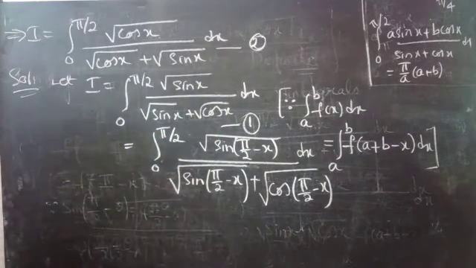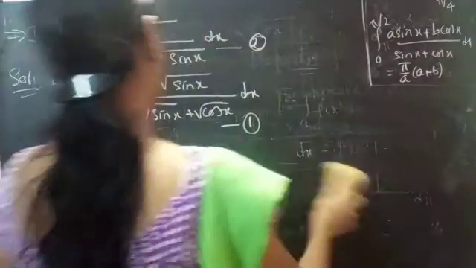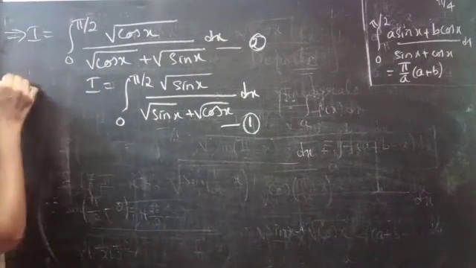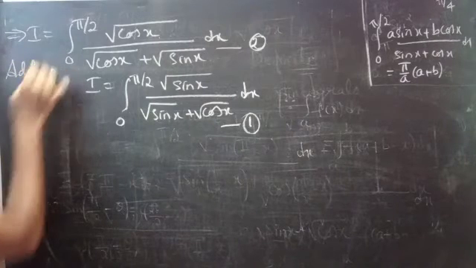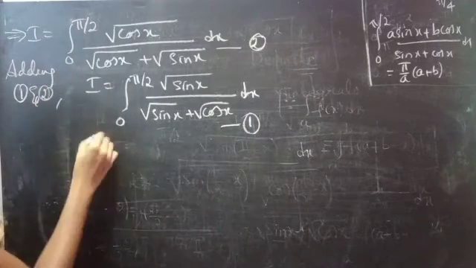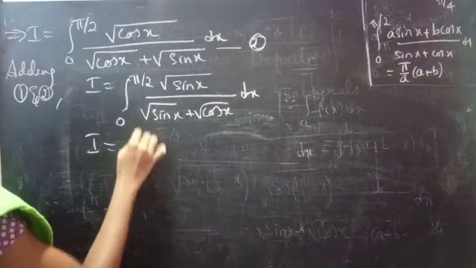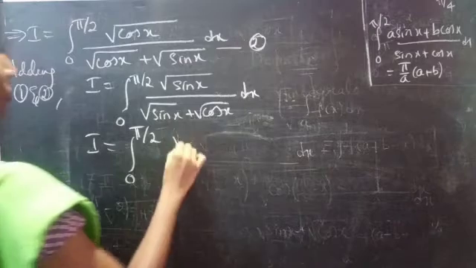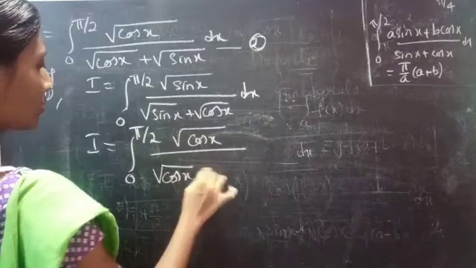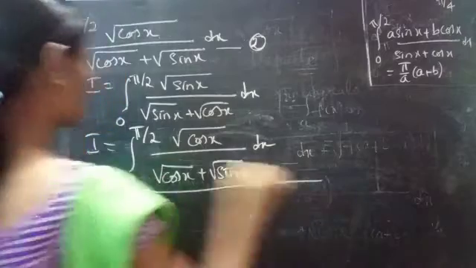Now we are going to add 1 and 2. Adding 1 and 2 gives, so this is your 1. Now I am writing 2: integral 0 to pi by 2 root over cos x by root over cos x plus root over sin x dx.